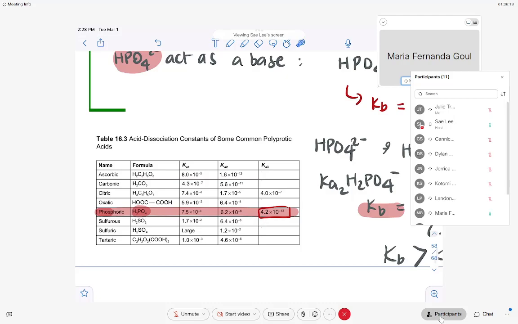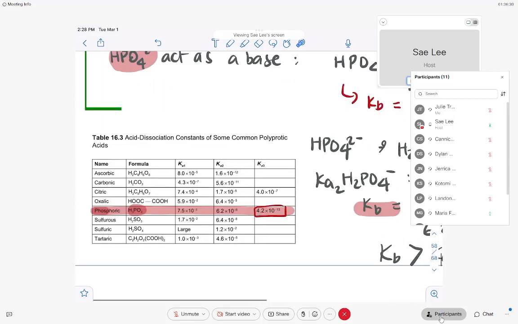What's Ka1? The dissociation of the first proton, right? What's Ka2? The dissociation of the second proton, right? So after the first deprotonation, you will have H2PO4 minus.